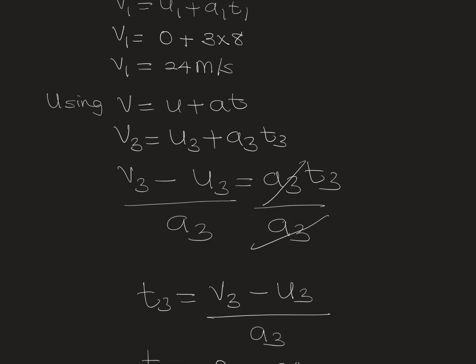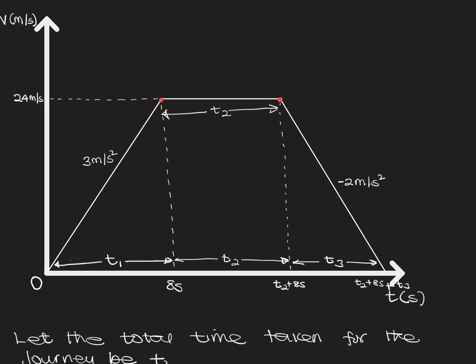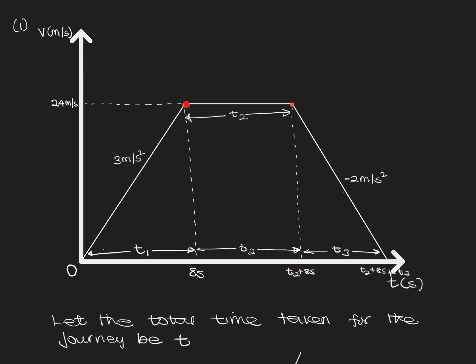Moving on, if we consider this trapezium, this point to this point will be side A, okay? And this point to this point will be side B. And the height of the trapezium will be here.